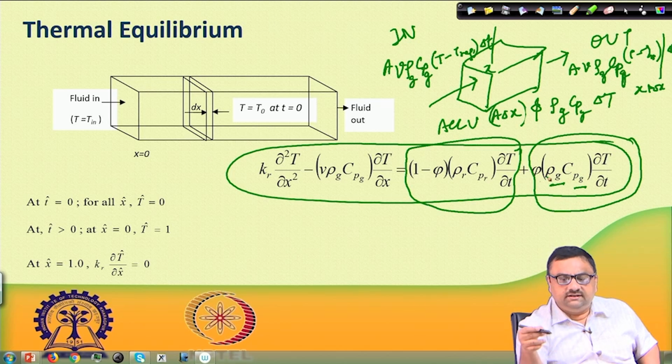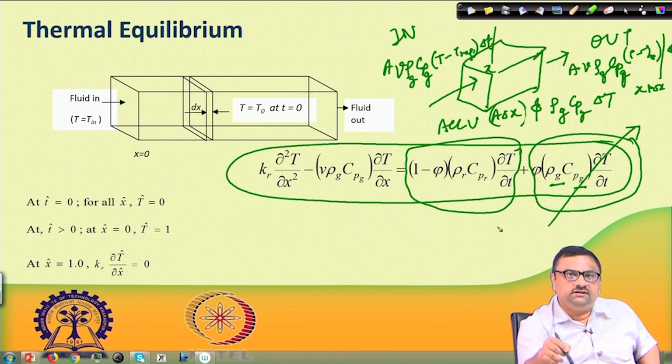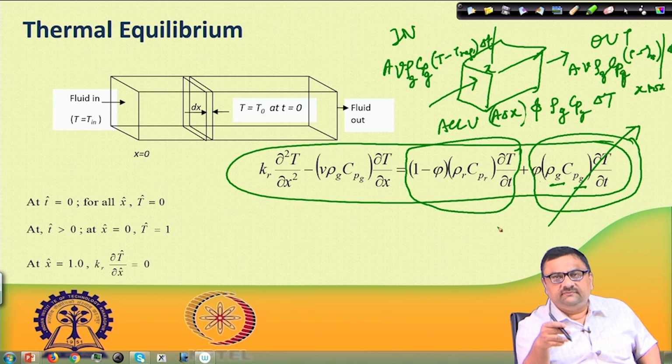A lot of times there is a tendency to neglect accumulation in the fluid phase altogether and focus only on the accumulation in the solid part, particularly when the porosity is 0.2 or less. Then there is a huge fraction of solid part, and so one may work with the accumulation term in the solid part only on the right hand side, and this is taken out. But if somebody is going to do a little bit more rigorous calculation, one should consider this term as well.